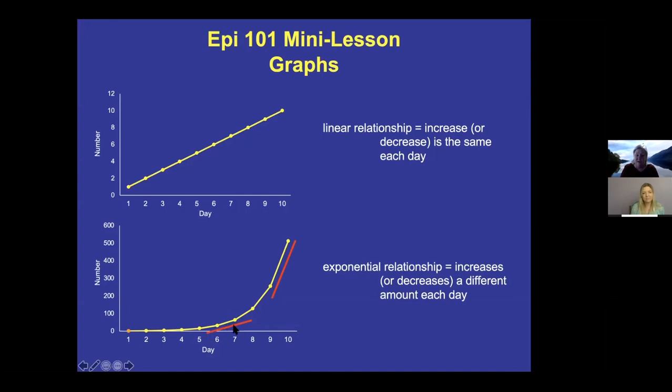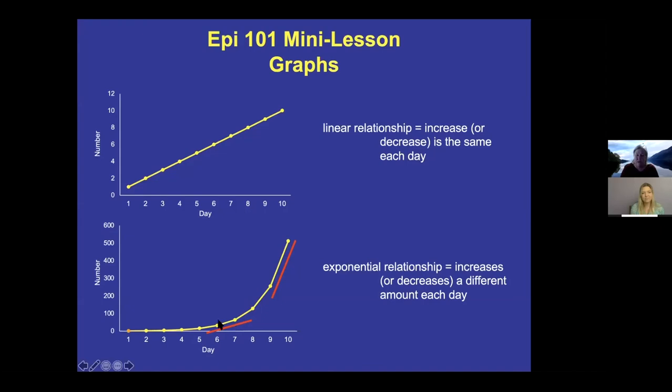So this is telling you what the increase is between day 6 and 7. And you can see that out here, the slope is much greater. There's a much greater increase between 9 and 10 in the number of cases than there was between 6 and 7.